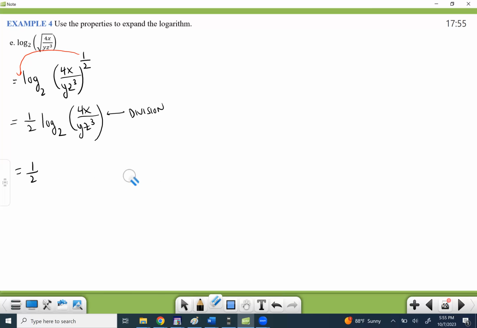Remember we said anything in the top will be positive and anything in the bottom will be minus. So I'm going to go ahead and say log base 2 of 4 plus 1/2 log base 2 of x. And now I've taken care of the whole numerator, so it's going to be minus 1/2 log base 2 of y and another minus 1/2 log base 2 of z cubed.